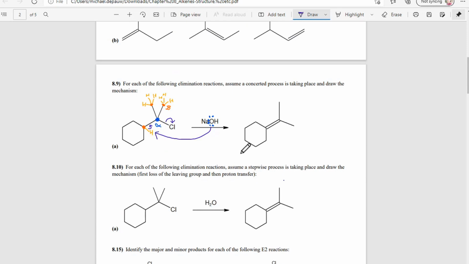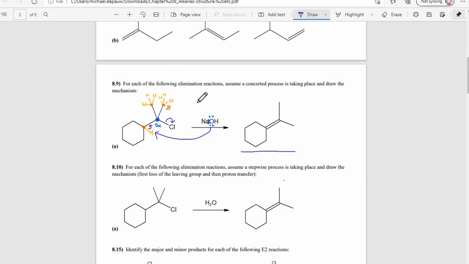The reason why this is the product is because this is tetrasubstituted. This gives you the most stable product. Whereas if I had removed one of these hydrogens up here, it would give me a disubstituted product, which is less preferable.